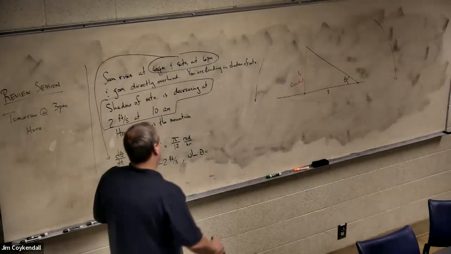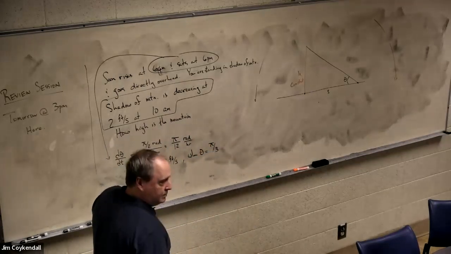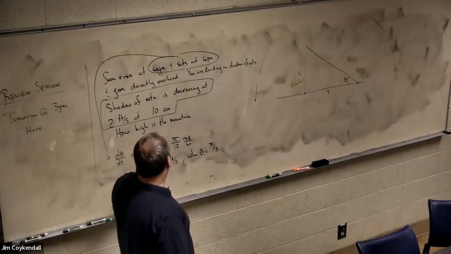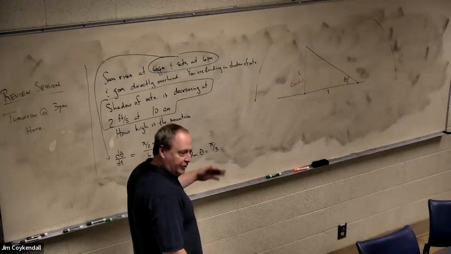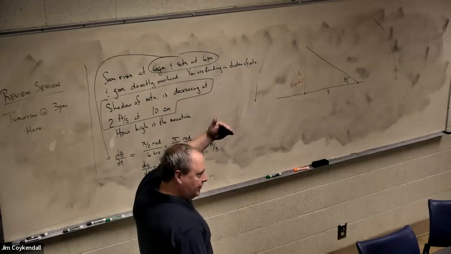It's 2/3 of the way to pi over 2, so you get pi over 3, 60 degrees. At 8 it's 30 degrees. At 10 it's 60 degrees.